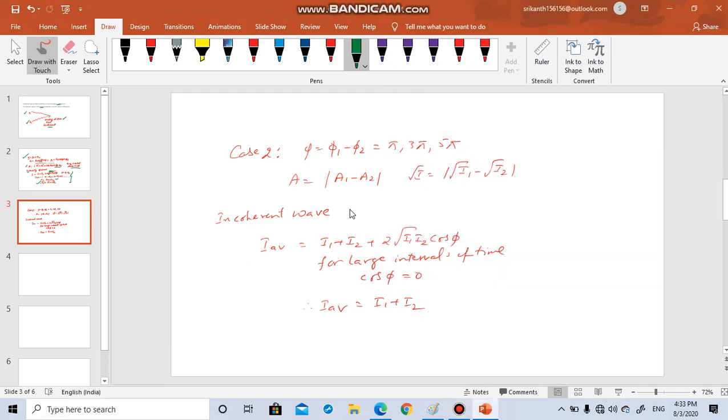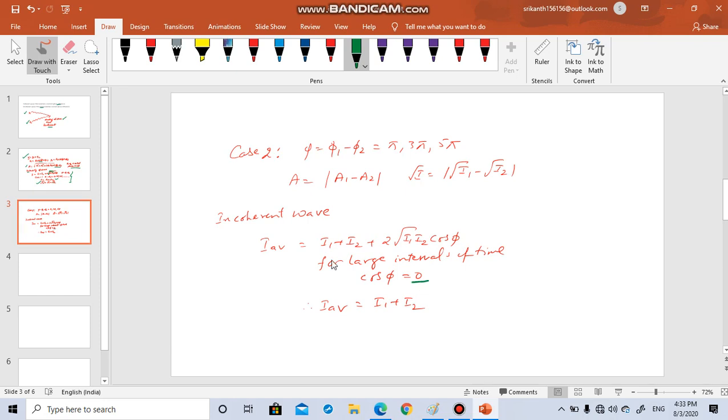Next we talk about incoherent waves. In incoherent waves, when we calculate the average intensity, the formula remains the same, but here what was the definition of incoherent waves? They do not have a constant phase difference. So over a large interval of time, this cosine value of the phase difference tends to become 0.